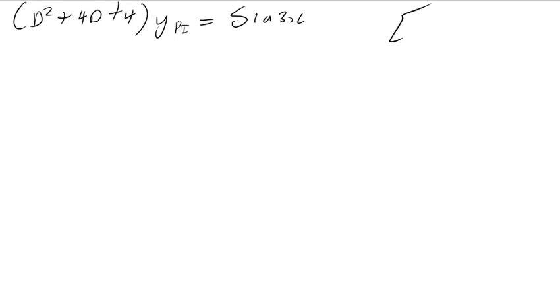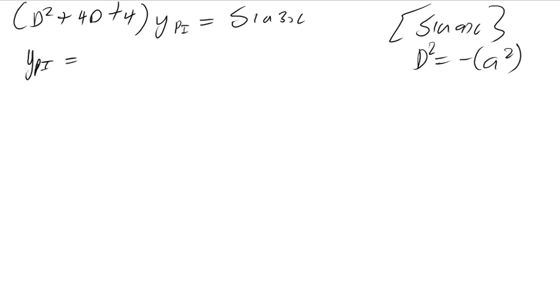And then the theorem for sine, it's sine ax, where D squared is equal to minus open bracket a squared. So you're going to say y_PI equals sine 3x divided by D squared plus 4D plus 4.